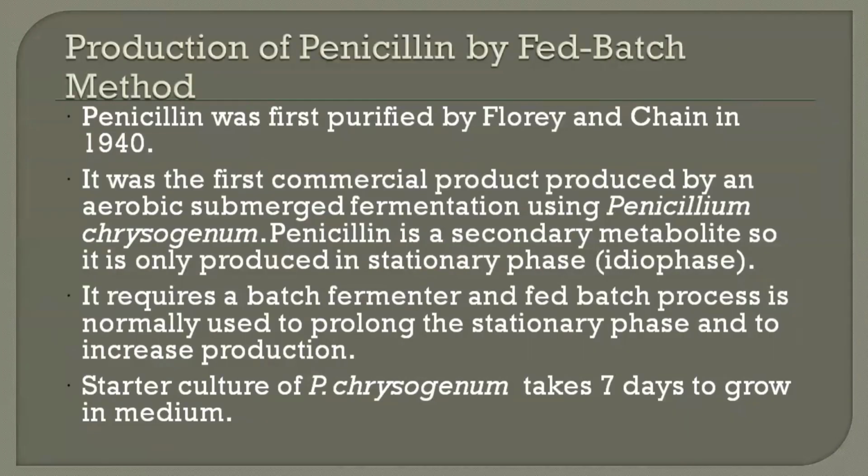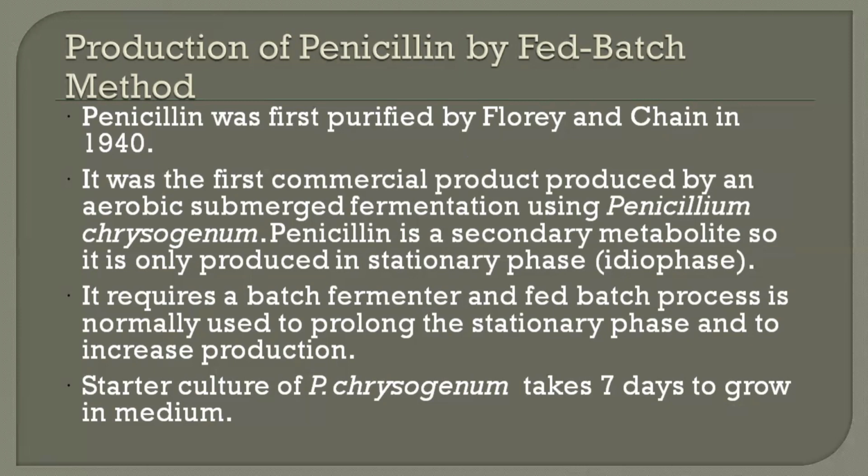To explain the production of penicillin by the fed batch method, the first penicillin was purified by Florey and Chain in 1940. The first production was aerobic submerged fermentation using Penicillium chrysogenum.